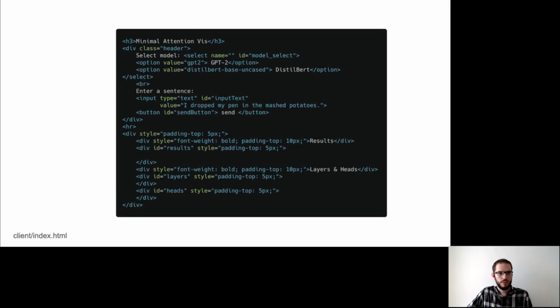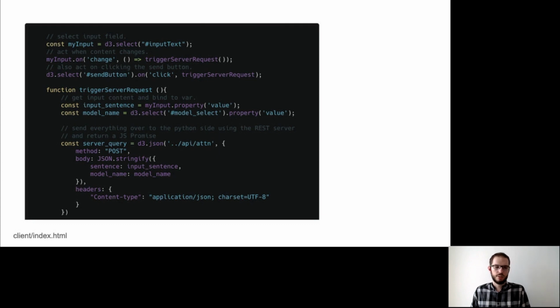In our case, we define the two possible values to be GPT-2 and DistilBERT, but you can easily dynamically load this or just predefine other options. And then we have an enter a sentence part where you can simply write your own sentence that has to be analyzed. And on the bottom, we have the results section where we can actually see the attention.